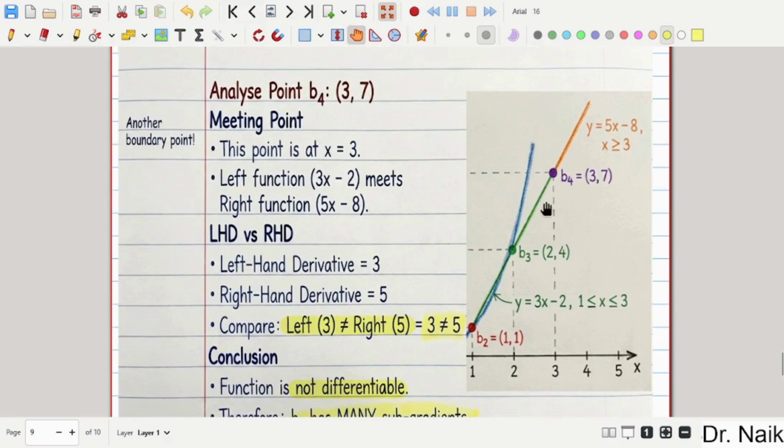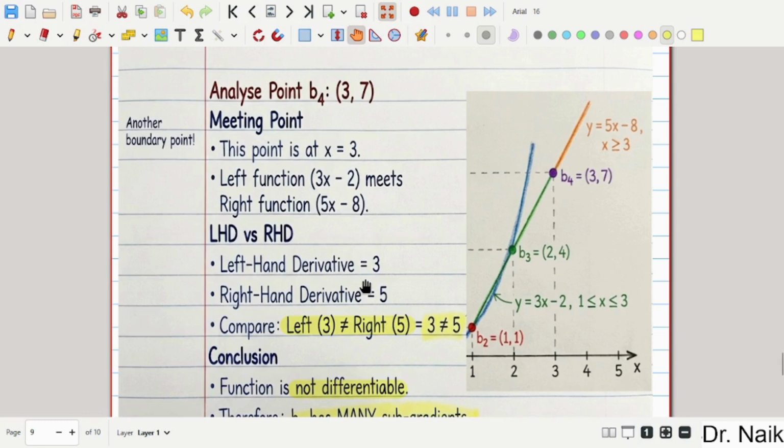Now consider the point B4, 3 comma 7. At x equal to 3, it follows two functions, y equal to 3x minus 2 and y equal to 5x minus 8, where x is greater than or equal to 3. So at B4 the left function meets the right function.